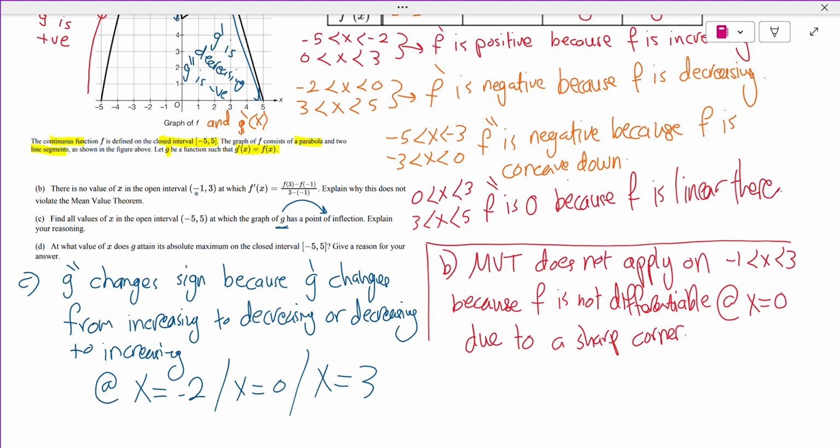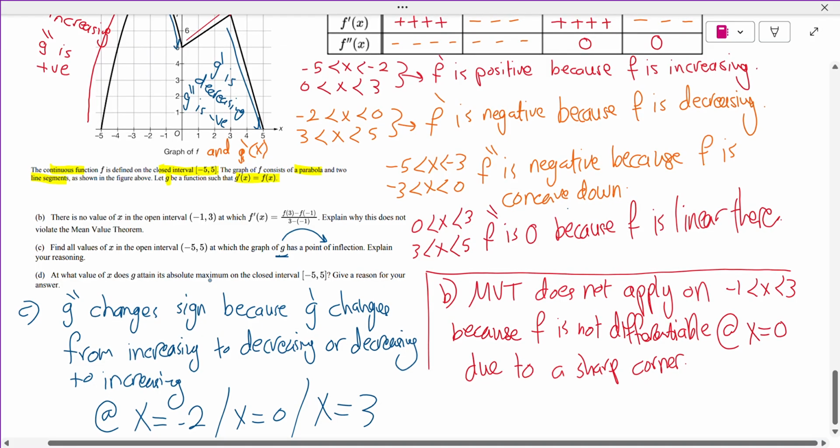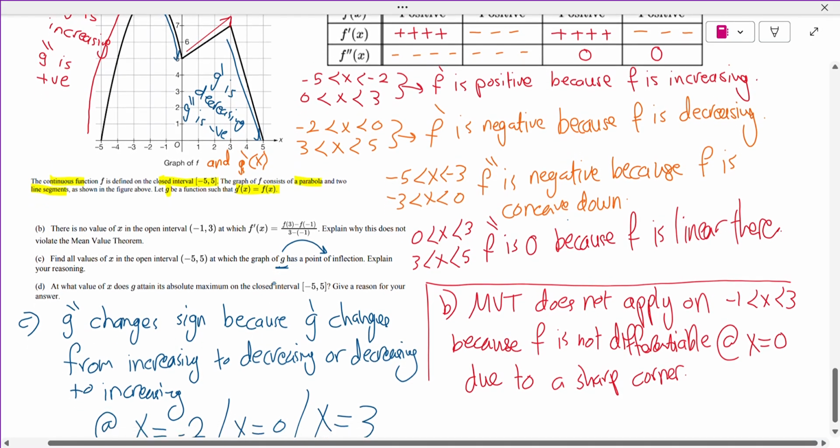The last part, at what value of x does g attain its absolute maximum on the closed interval from -5 to 5?